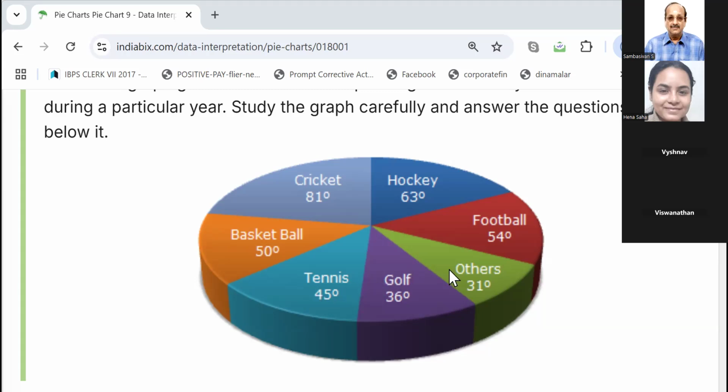And supposing they give you an information, there are totally 4,500 students participating in various sports. What is the number of students participating in tennis?